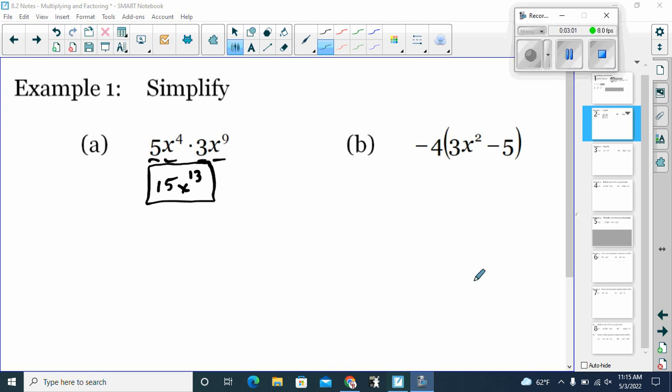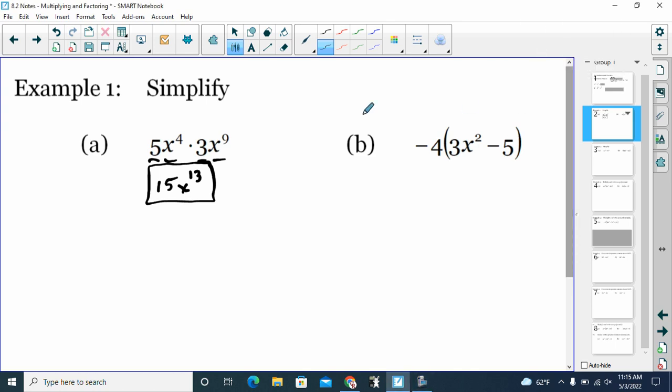Part B says -4 times the quantity 3x squared minus 5. So I have a monomial, just one term out front, and I'm multiplying it by a quantity, something in parentheses here. To do that, we use the distributive property.